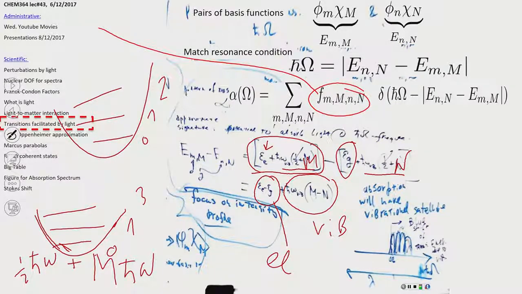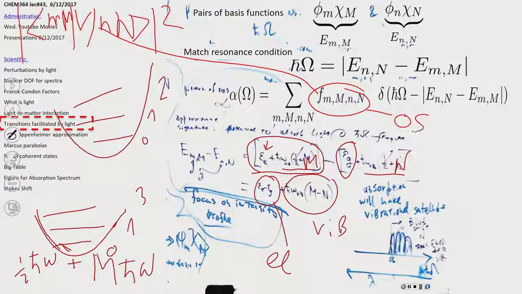So this F with all the indices is just the matrix element of the dipole interaction squared. Some people call it oscillator strength.